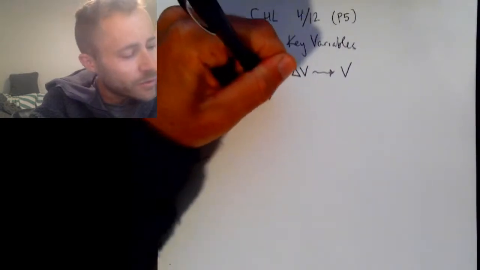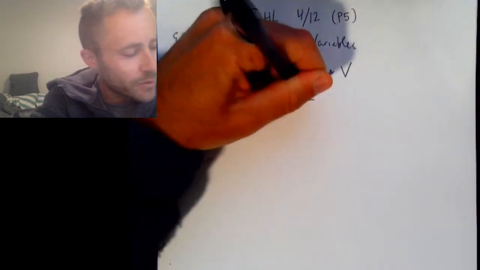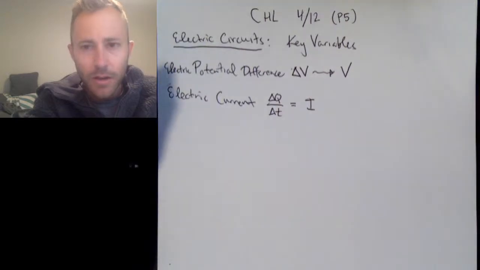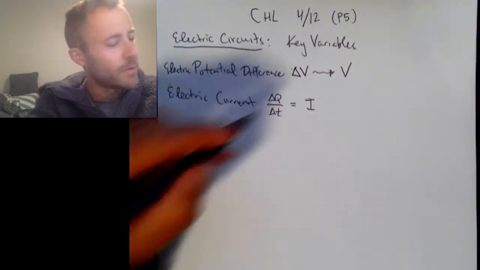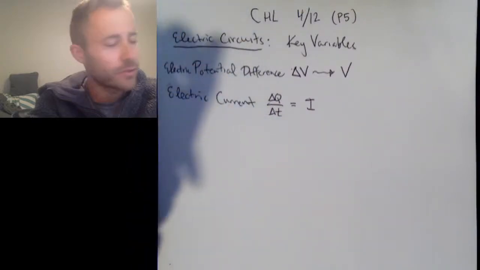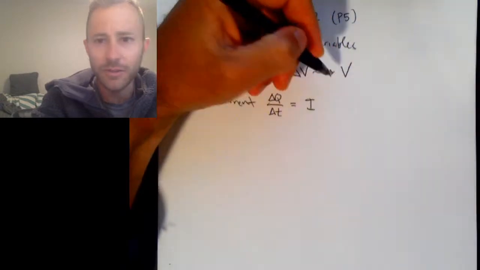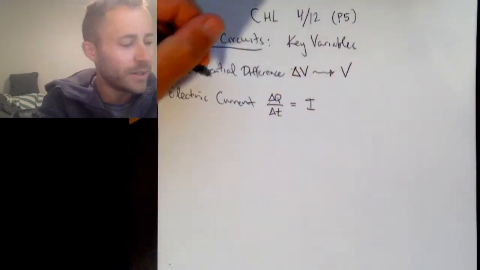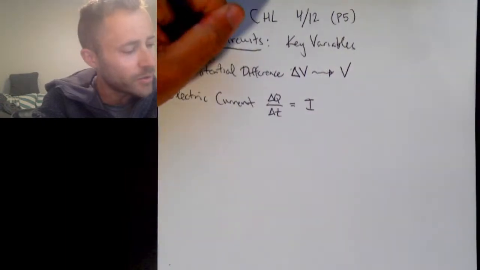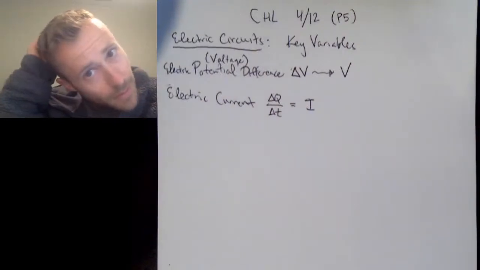Electric current is the rate of flow of electric charge, and it's denoted by I. So V and I are the most important variables in electric circuits. Now you could think about V as voltage, and in circuits, I will refer to electric potential difference purely as voltage. I forgot to say that.